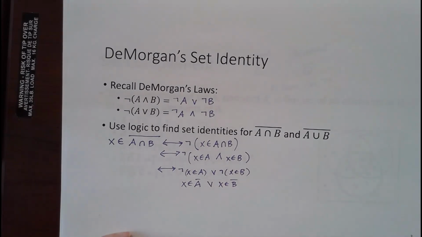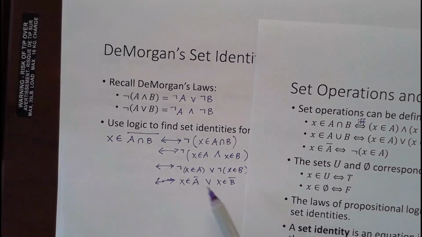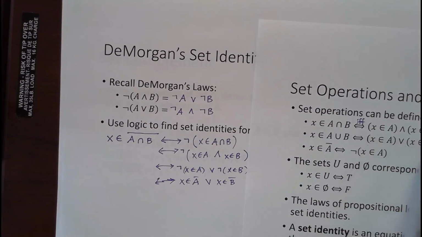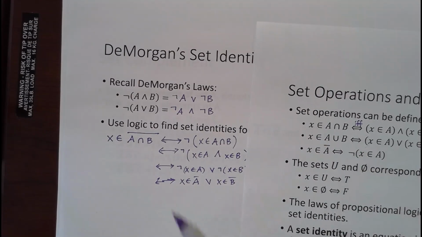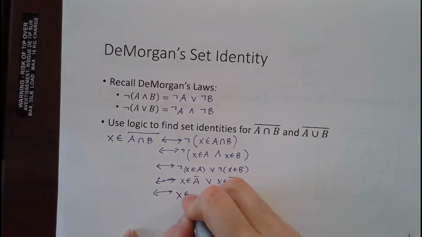And then once again, if I have X is in one set or X is in another set, I see that right here. Well, that's the same thing as X being in the union of the two individual sets that we're talking about. So this is exactly the same as X being in the union of these two individual sets in question.